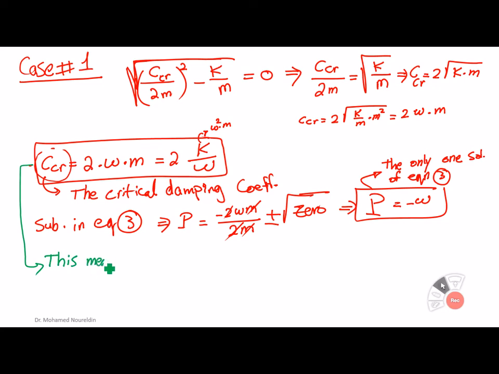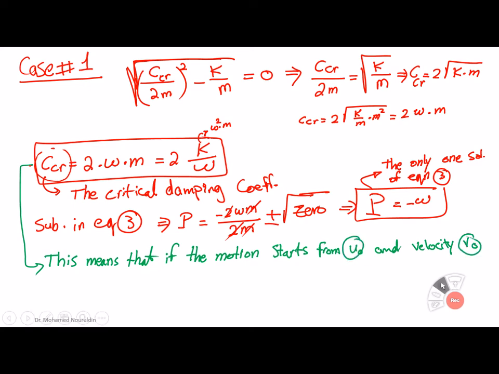This means that if the motion starts from initial conditions with u node displacement and velocity v node, so we have u node and v node, which means that there are some initial conditions here, the mass of this system will return to rest condition without oscillation.